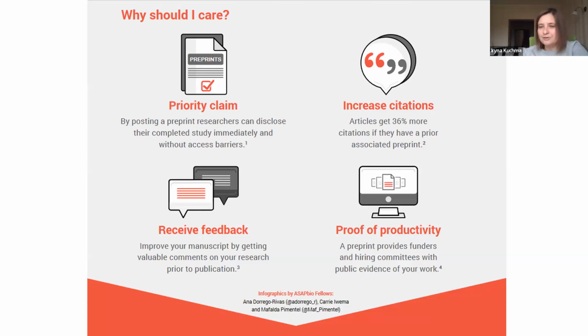But of course, a citation is to a preprint with an indication that it's not a peer-reviewed result yet. It's also an opportunity to receive early feedback on your research and maybe improve your text.